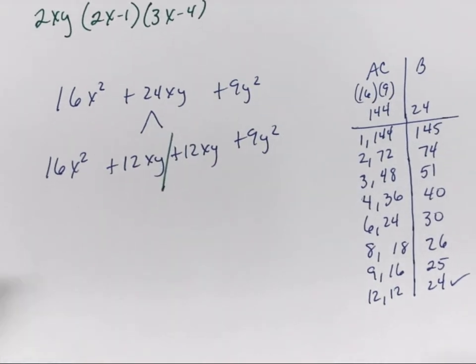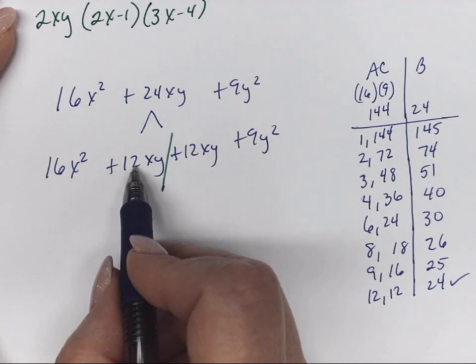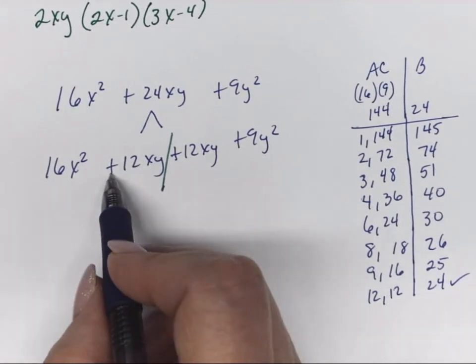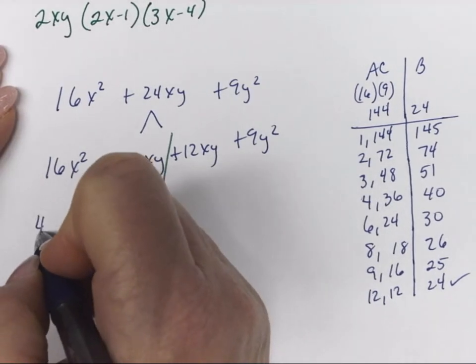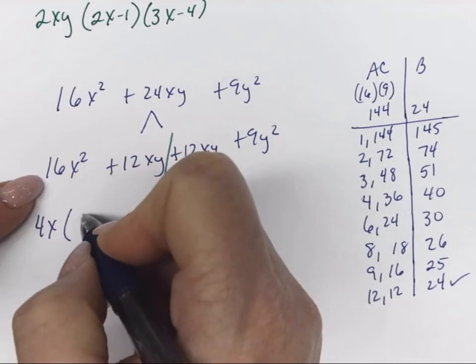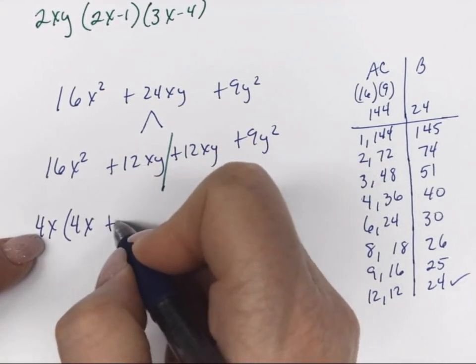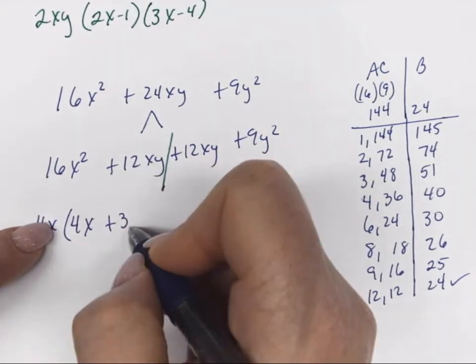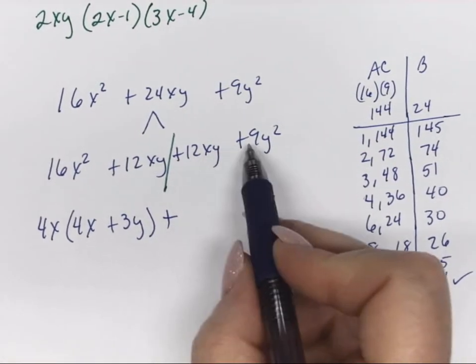Split it in half. So 16 and 12, we're looking at what we can factor out. That will be a 4. We can also factor out an x. So 4x will leave me with a 4x here. 12 divided by 4 will get us 3. The x will cancel, and we're left with a y. Bring down my plus sign between 12 and 9.